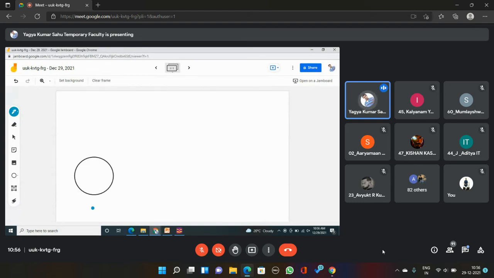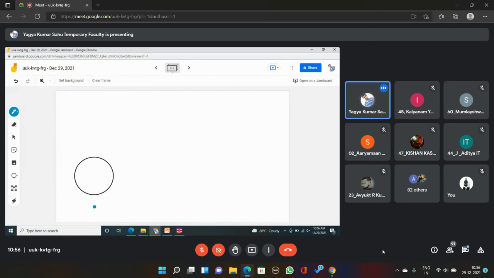You can draw these regular polygons in a quick time by taking some easy steps. You can easily draw a regular polygon in 30 or 40 seconds. So go through this particular unit, geometrical construction.